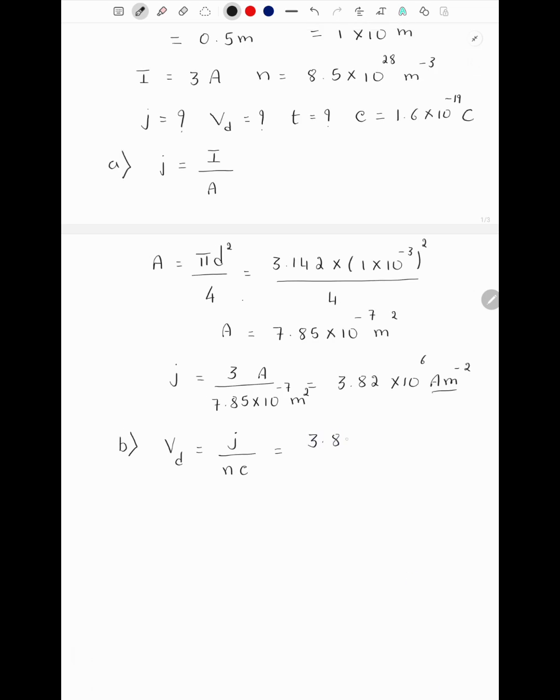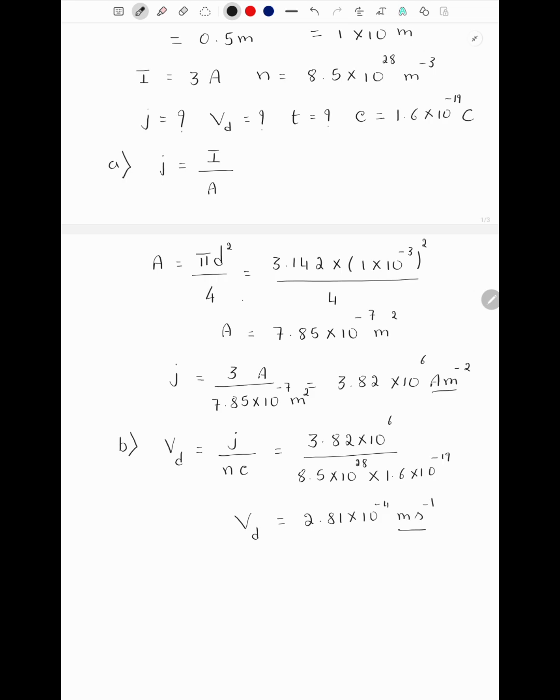Substitute that, 3.82 into 10 raised to 6 divided by the number density they have given, 8.5 into 10 raised to 28, into the charge of the electron, 1.6 into 10 raised to minus 19 coulomb. If we solve this, we get the drift velocity Vd of 2.81 into 10 raised to minus 4. Velocity, it is meter per second, the SI unit.